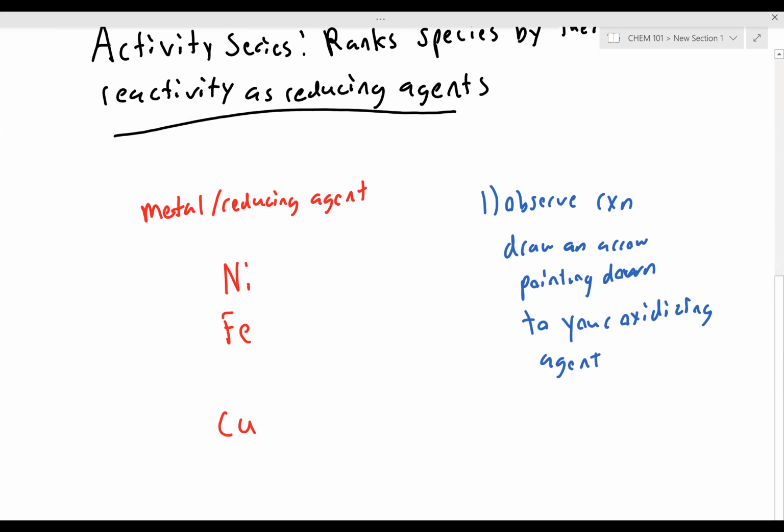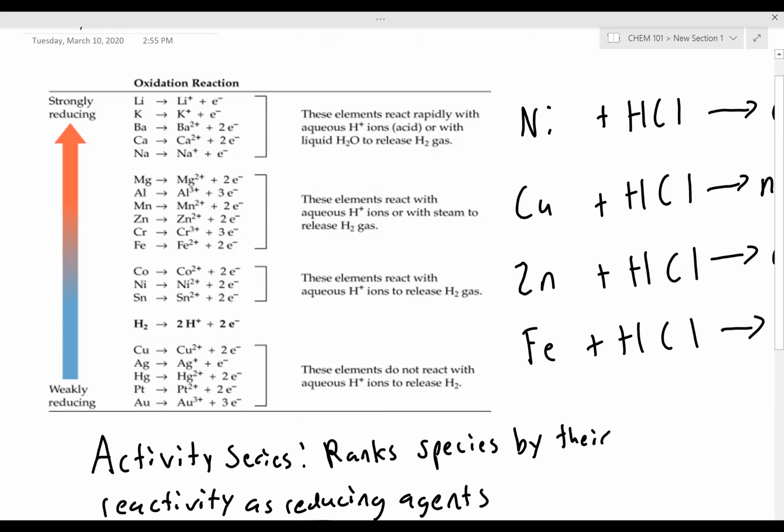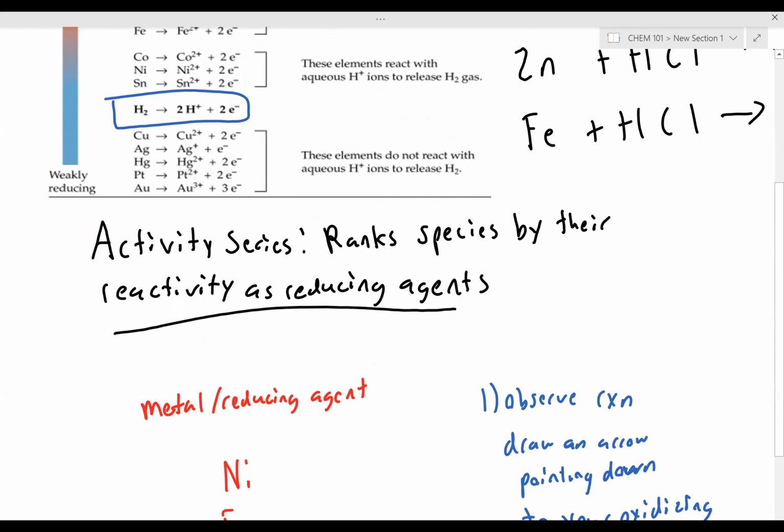So when we react each of these metals with hydrochloric acid, what is our oxidizing agent? What species is gaining the electrons? If our metal is the reducing agent, what's the oxidizing agent going to be? HCl, more specifically H+. And you see H+ in this activity series.